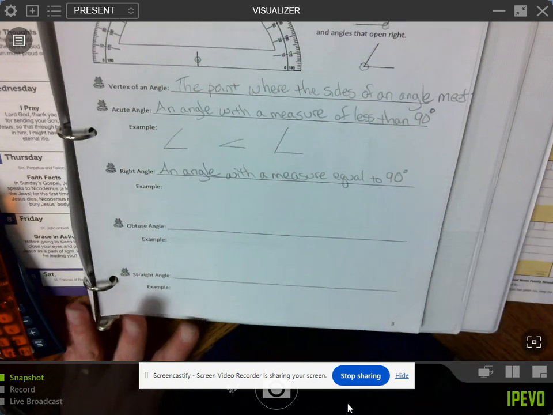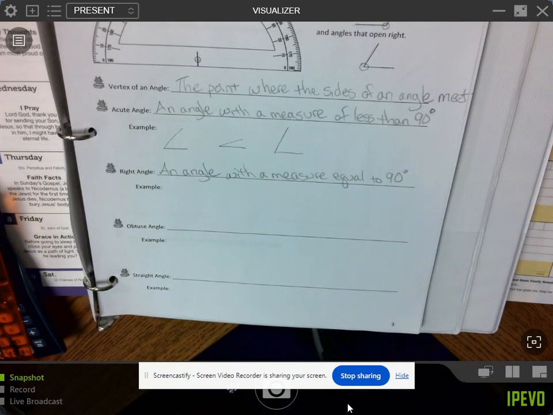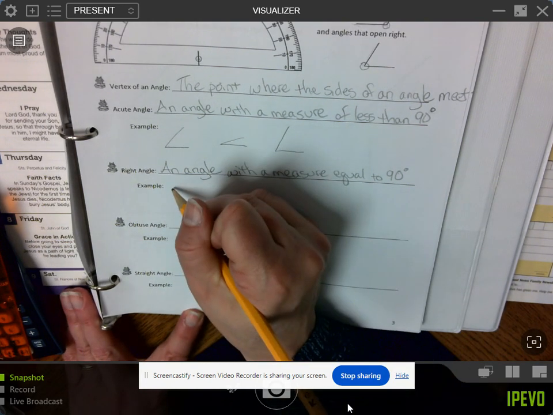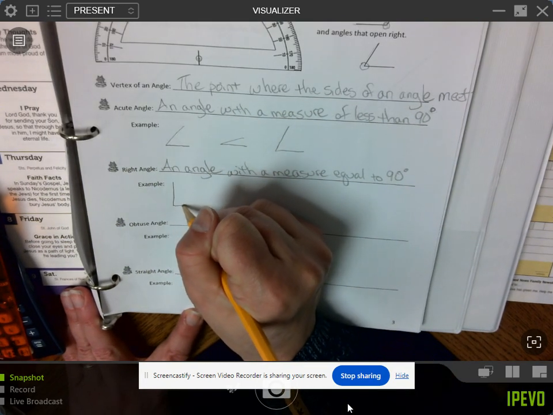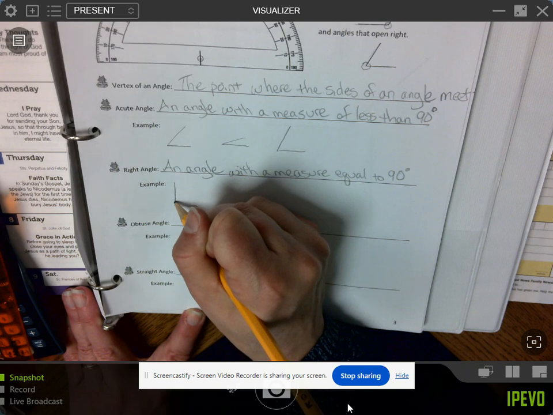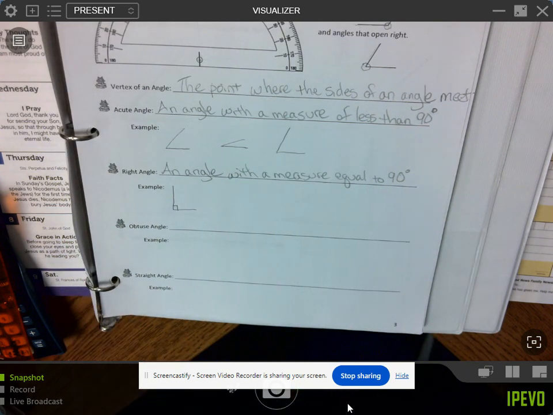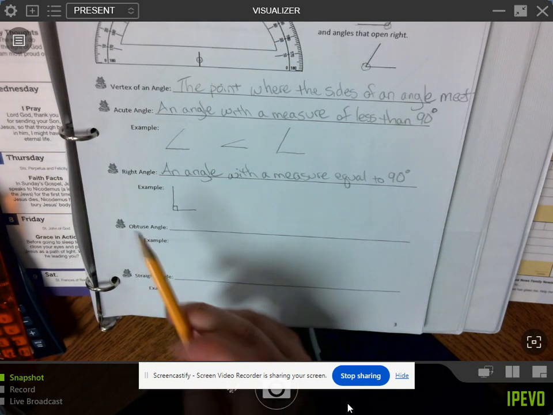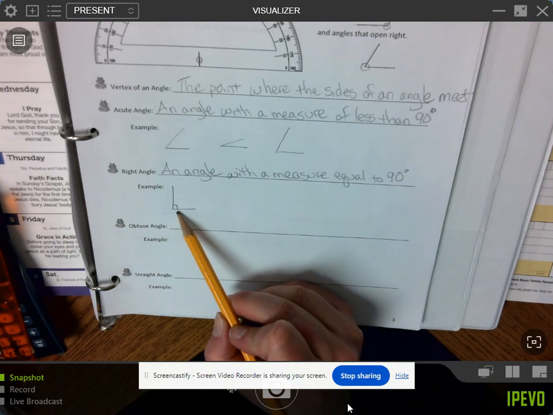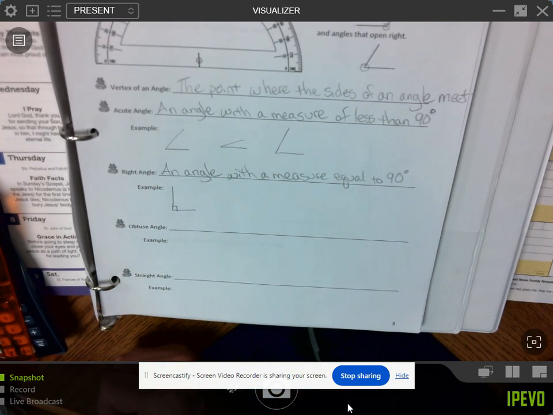It's exactly 90 degrees. Not 91, not 88, exactly 90 degrees. So when we draw a right angle, they all look the same. And I'm going to put this little box in there. That box that I put right at the vertex tells me it is exactly 90 degrees.